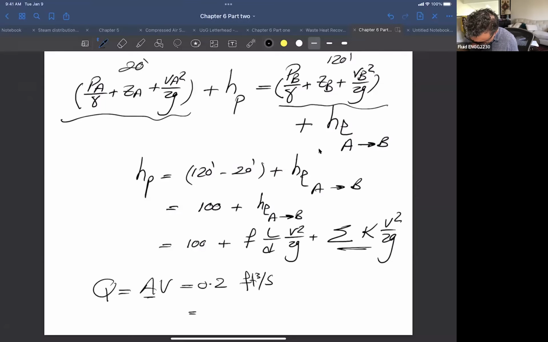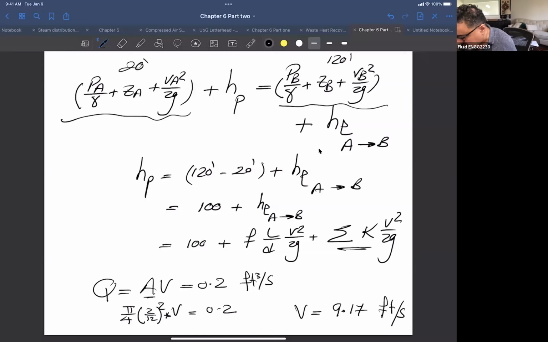So this here is pi over 4 times the diameter, 2 inch, which to convert to feet is 2 over 12, squared, times V equals 0.2. Which means that the velocity here is 9.17 feet per second.